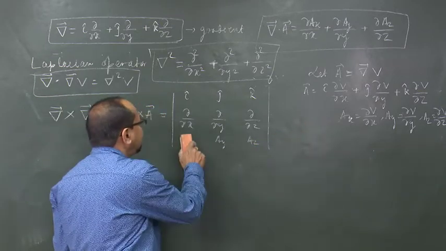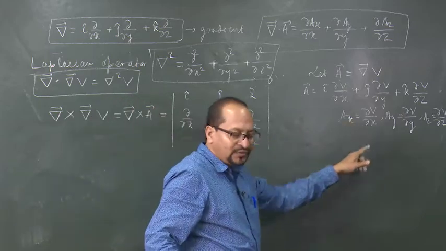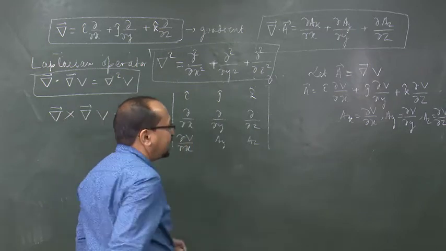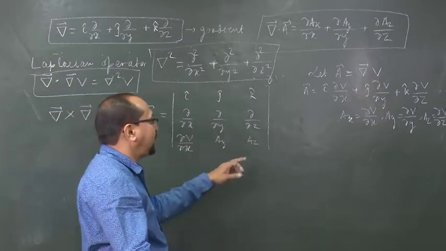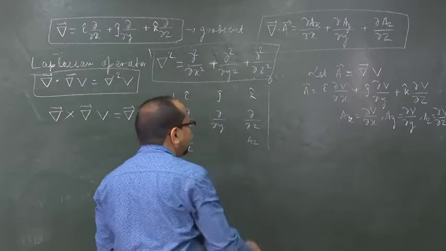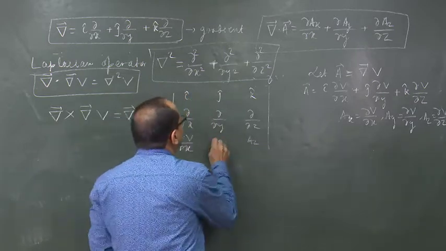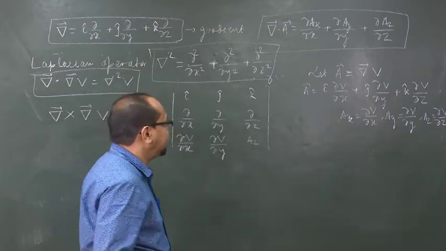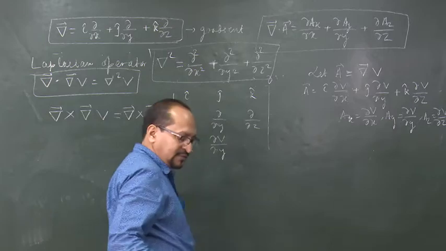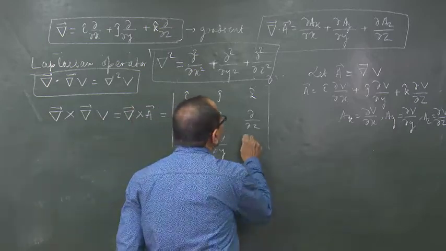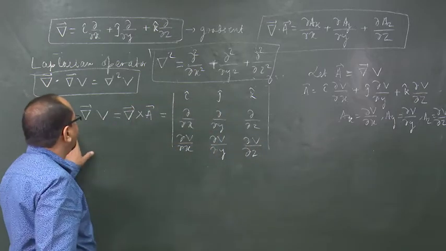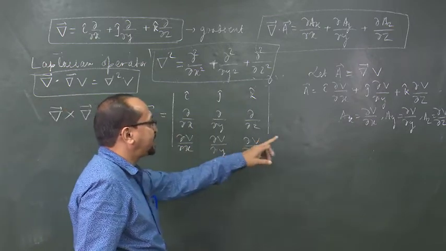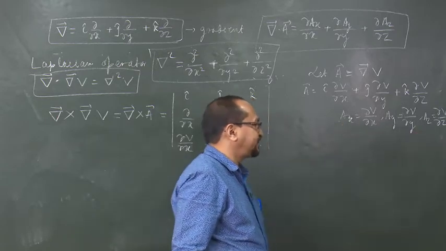Here A x is equal to del V by del x, A y is del V by del y, and A z is del V by del z. So, this is now curl of grad V, that is curl of A, and we have replaced A x, A y, A z by these three.